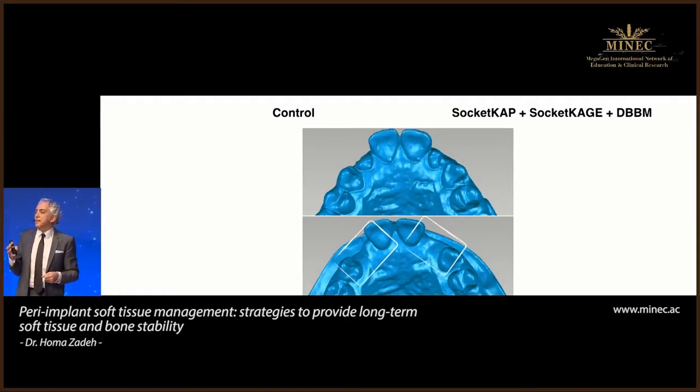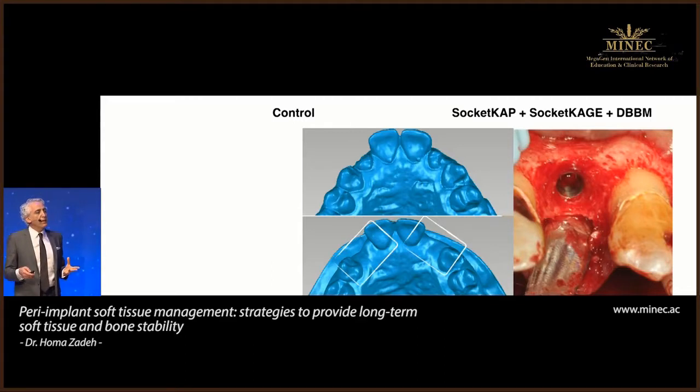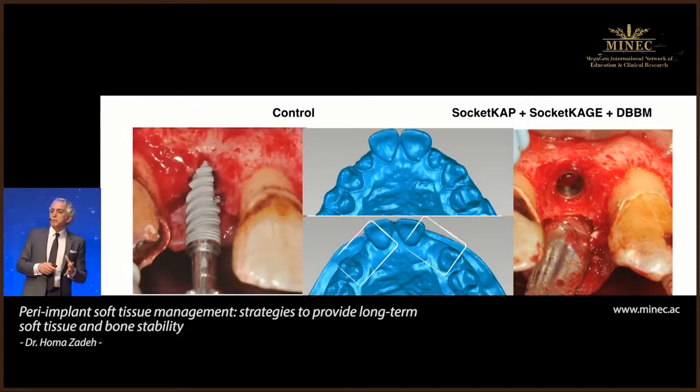And the area that had ridge preservation maintains a tissue contour much better. So the tissue contour is actually a more important component when it comes to aesthetics than the bone itself. But when we look at the underlying bone, where ridge preservation was done, we have better contour of the bone. Where the ridge preservation was not done, now we've lost the buccal bone and we have a dehiscence there.